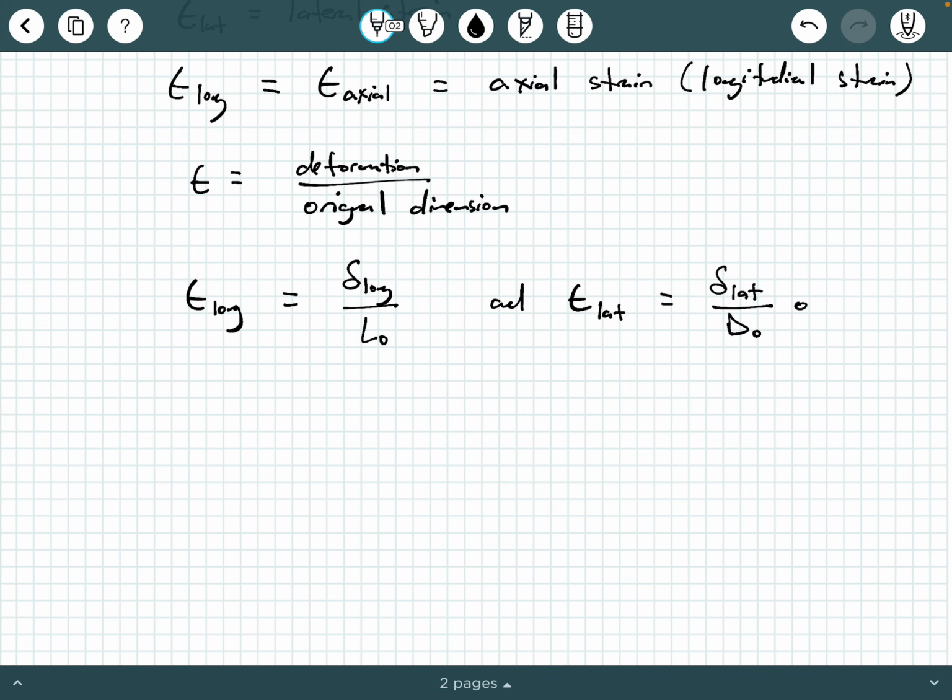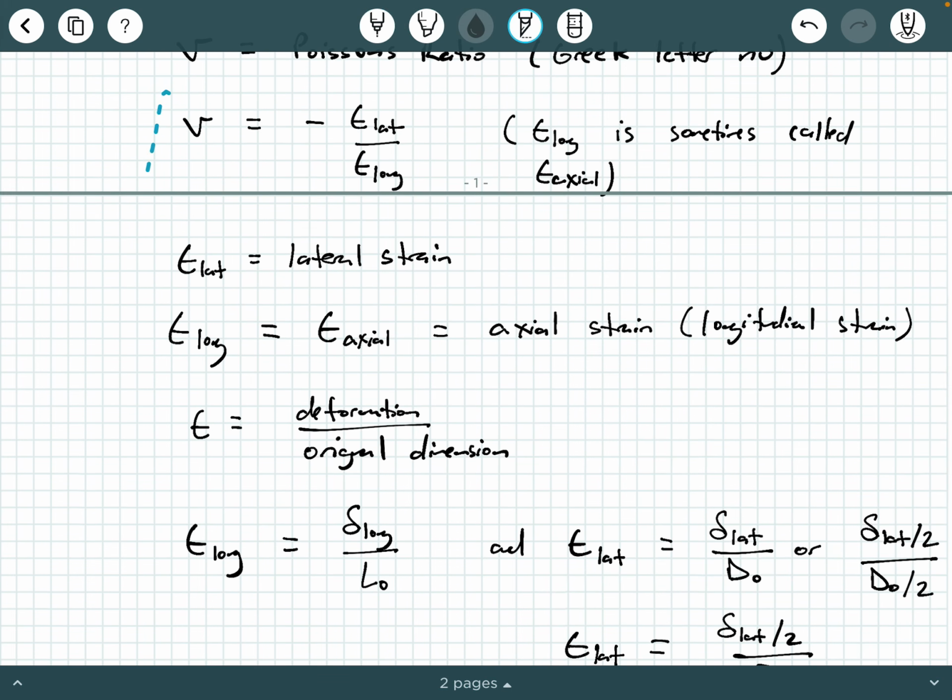Or you could say this is delta lat over 2 divided by the diameter over 2. So you could express epsilon lat, if you wanted to, as delta lat over 2 divided by the original radius. So just be careful with how you're measuring these deformations. Again, I prefer to show deformation on either side of the body that is being loaded and deformed. But in general, this is what we call Poisson's ratio.